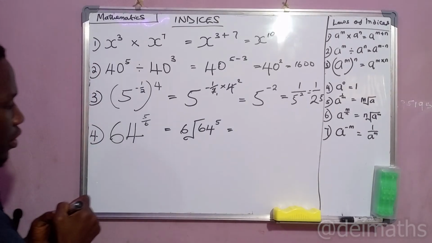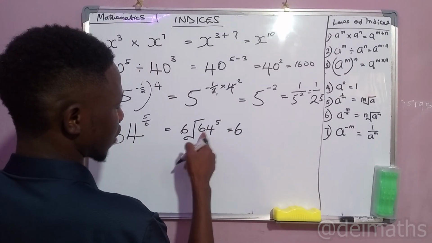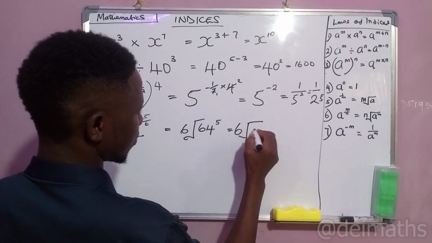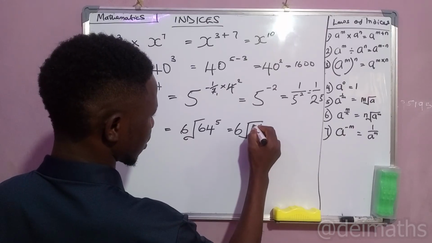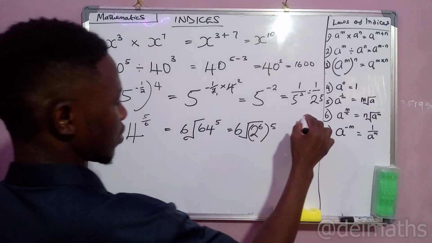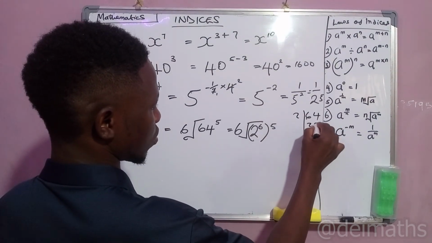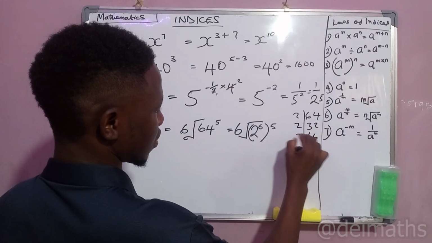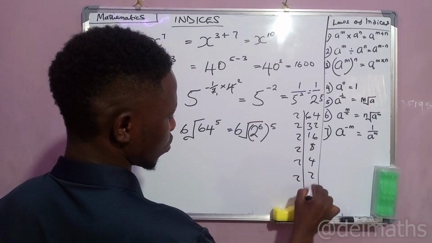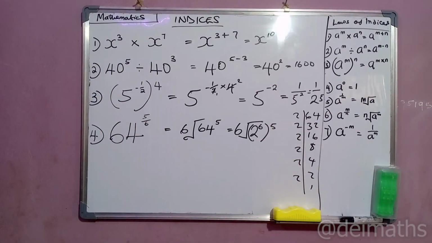As we know, 64 is the same as 2 raised to the power 6. If you want to prove it, we have our 64 here. We have 2, 32, 2, 16, 2, 8, 2, 4, 2, 2, 2, 1, which is 1, 2, 3, 4, 5, 6. So that is the proof.